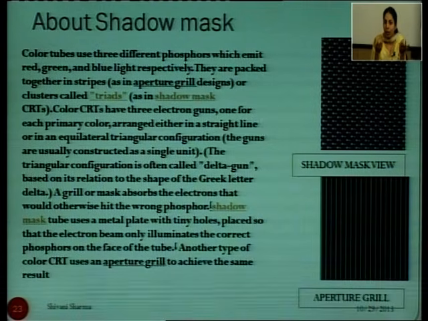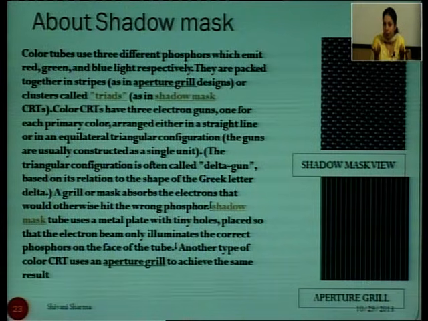In color CRTs we have 3 electron guns, each for a primary color, arranged in a straight line or in an equilateral triangular configuration, and a grill or mask is used which absorbs the electrons that would otherwise hit the wrong phosphorus. The purpose is that the red beam only strikes the red zone of the phosphorus screen, so we mask the other colors.